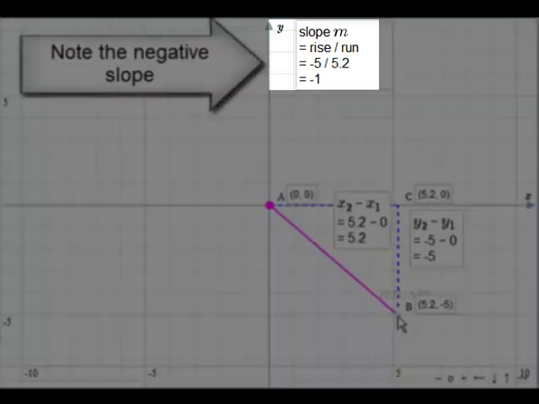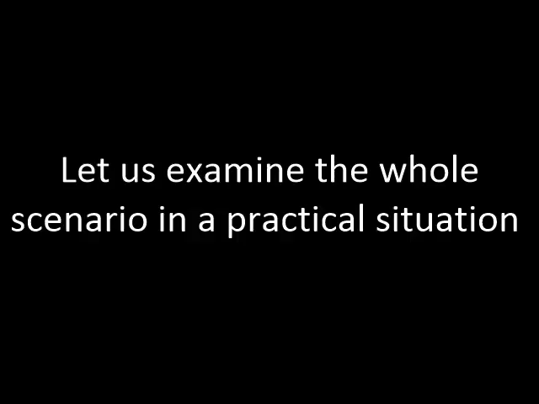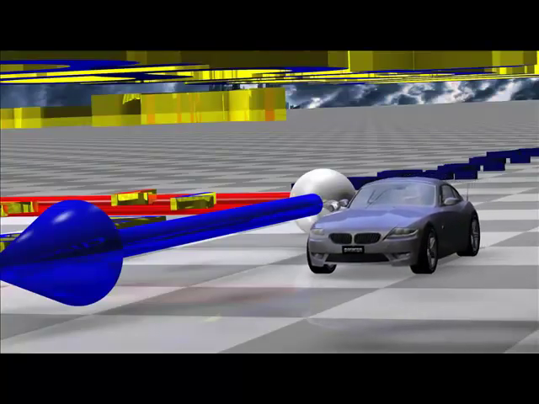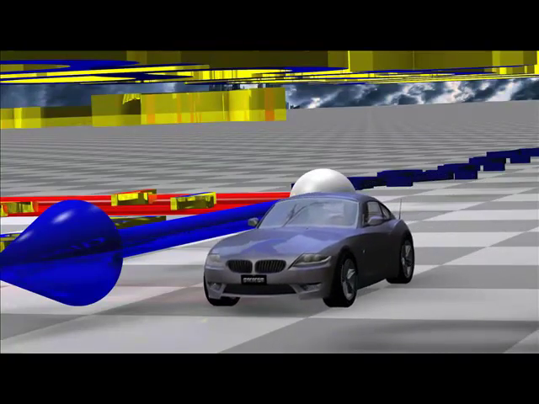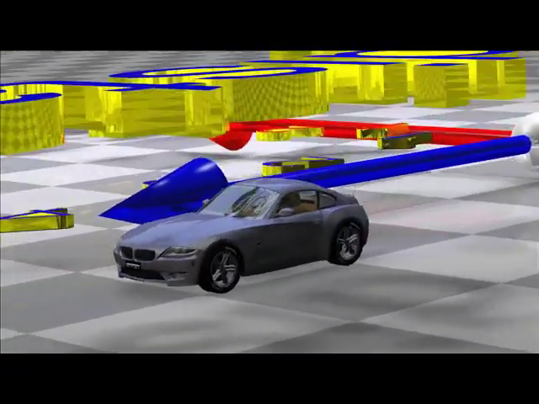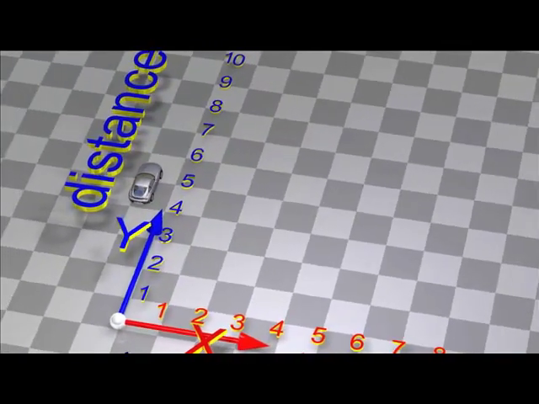Let us have a practical example where we can understand this. Say you are coming back from your school and we wish to analyze your driving behavior on the way. So how do we do it? That is the question. Let's say we plot your distance from your home against time.